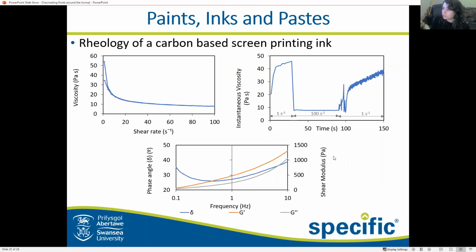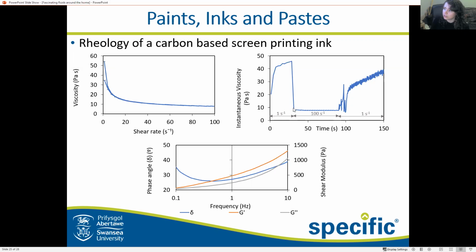And another thing to consider with this, especially when you're drip printing, is how long it takes to go back to its original viscosity. So what you have here is 3 different sections where you start off with the fluid at its initial viscosity, so around 50 odd, when applied for long enough. And then quickly, you'll see the drop when I increase the shear rate to 100 seconds.